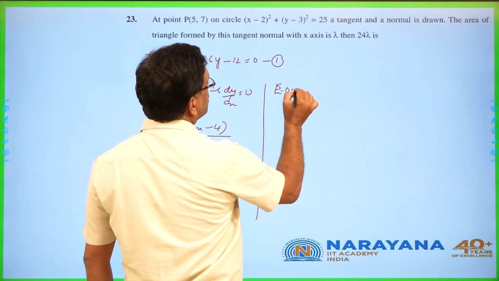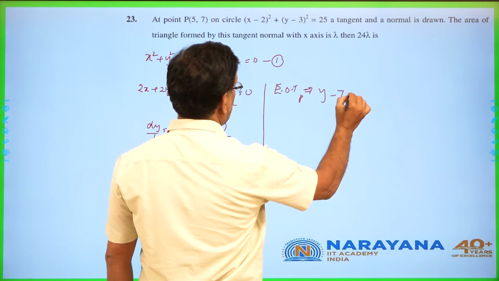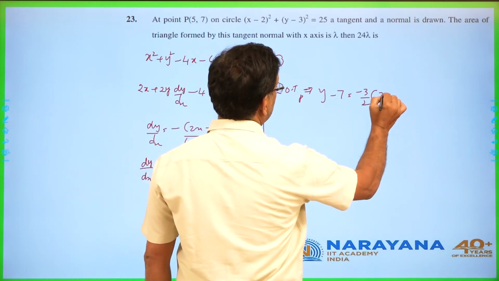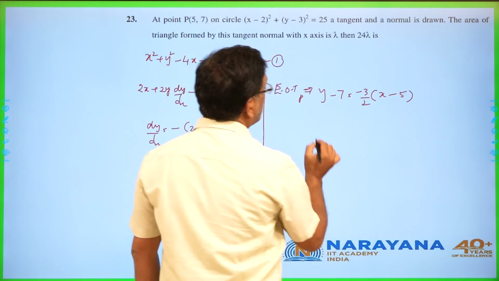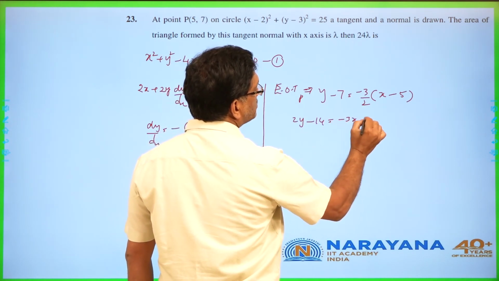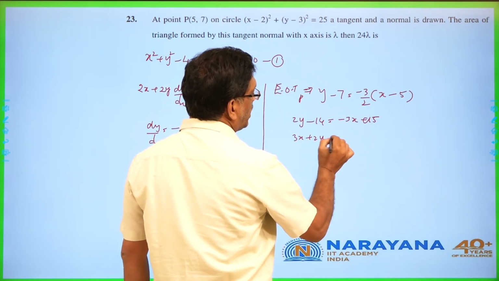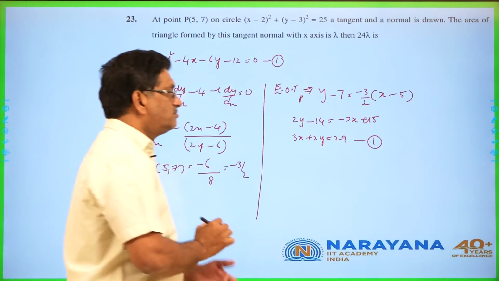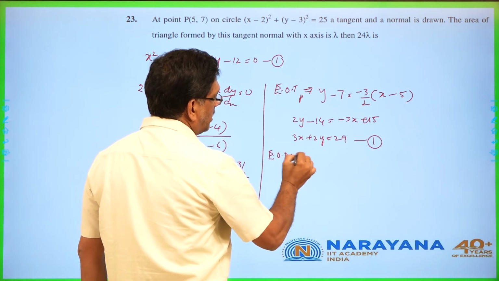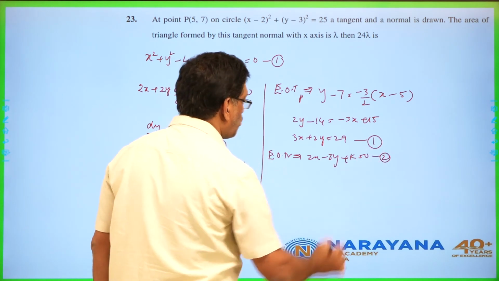Now, the equation of the tangent at P: y minus y1 is equal to slope into x minus x1. It is 2y minus 14 equal to minus 3x plus 15, so 3x plus 2y equal to 29. That is the equation of the tangent. The equation of the normal is 2x minus 3y plus k equal to 0.